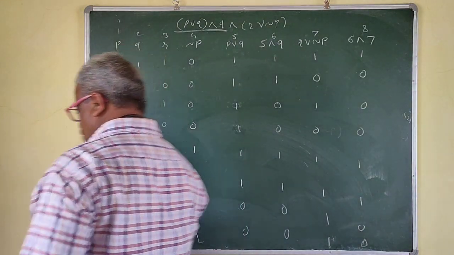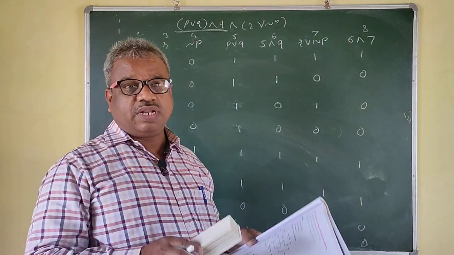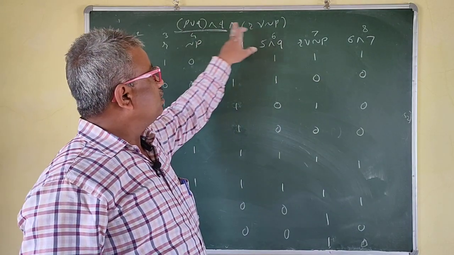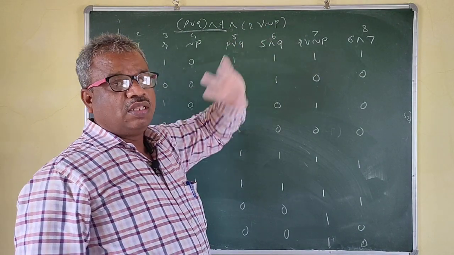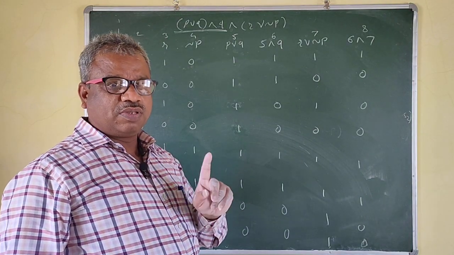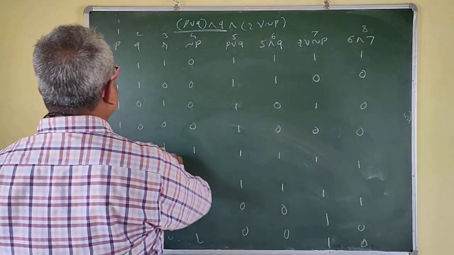Now see what we have done. We were given the circuit and found the symbolic representation. Now we are given the symbolic representation, and with its help we have to draw the circuit. So how will we draw the circuit?